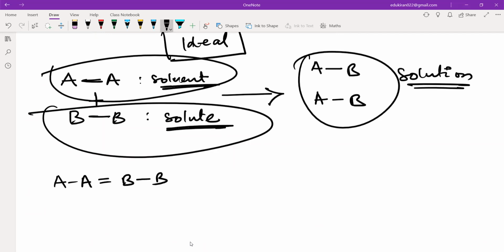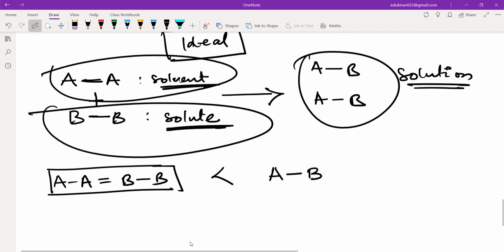For simplicity's sake, we can say that AA is equal to BB. But what we saw is that the intermolecular force of attraction between A and B, that means solute and solvent, is more than individual solvent and individual solute.